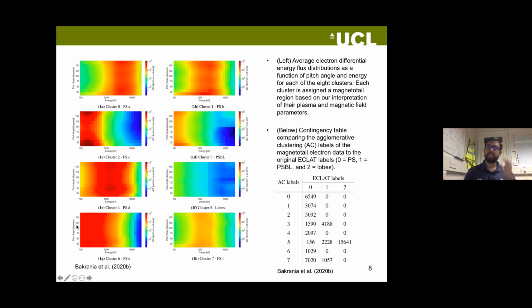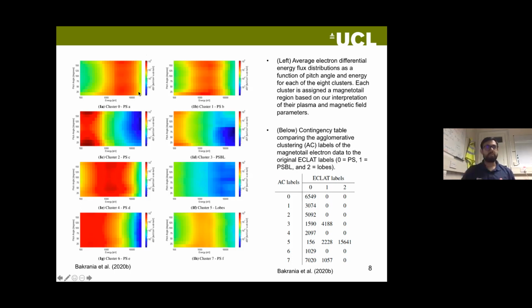And we find that there's quite a large spread across these different average distributions. You get some which have very low temperatures, and in this case, high densities in the parallel and anti-parallel directions. You also get some where there's very low densities and low temperatures, and you also get some where there are high temperatures and sort of medium densities.